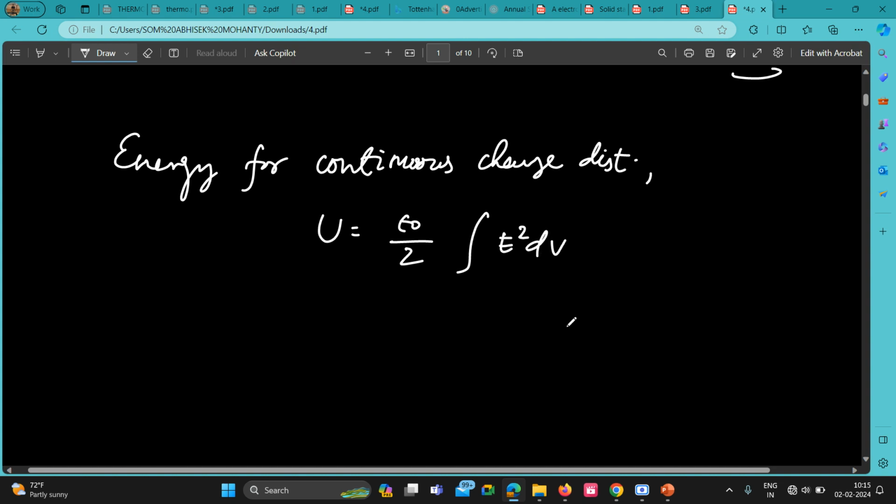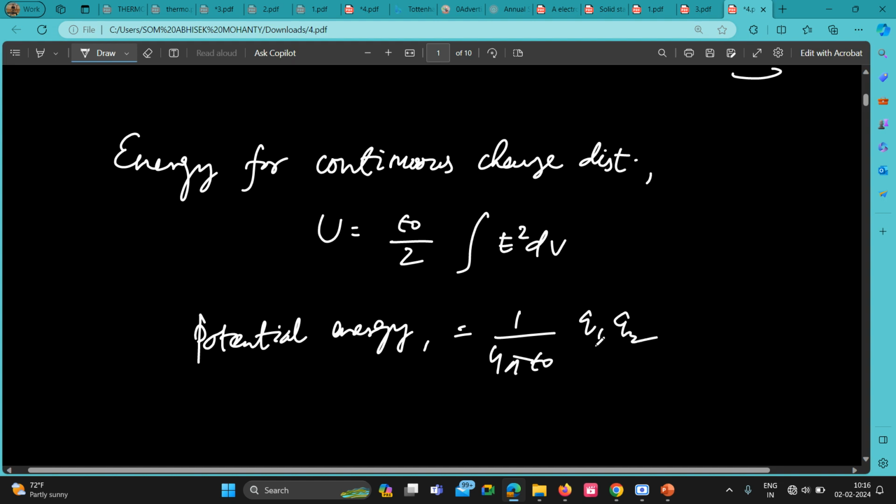Potential energy formula is 1 by 4 pi epsilon naught Q1 Q2 by R.